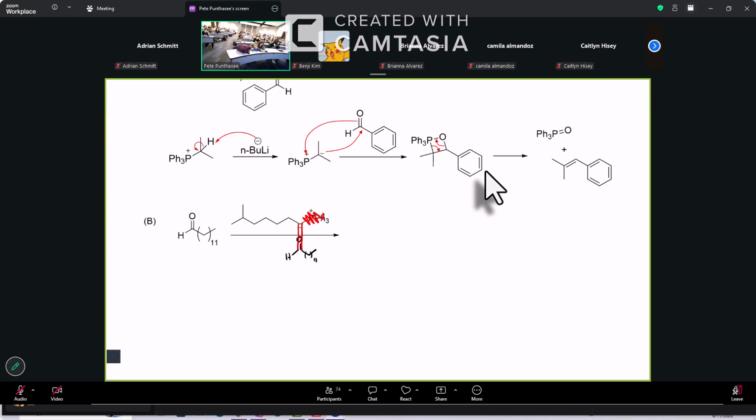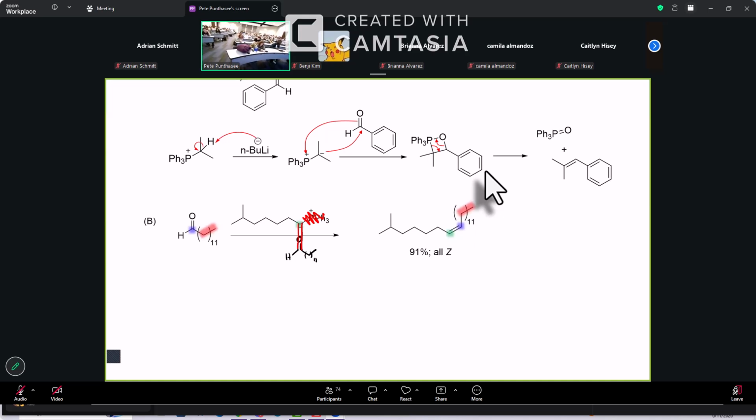That's the product. Does that make sense though? It's just that, because the product is carbon attacking carbon and forming a carbon double bond. That's a shorthand. Okay. All right.